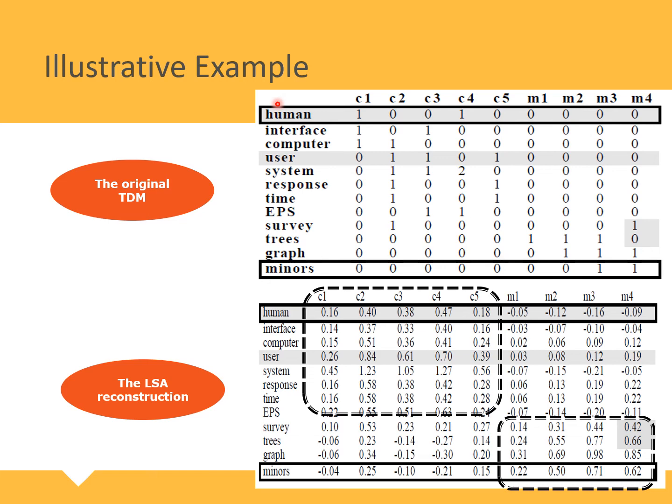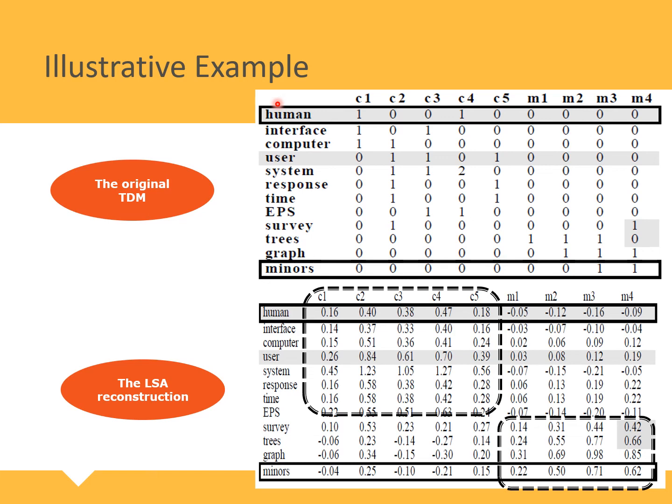And then we zoomed in onto the matrix of singular values, which is the matrix at the center, and we inspected the magnitude of the singular values, and then we decided that we will work with the first two singular values, right?